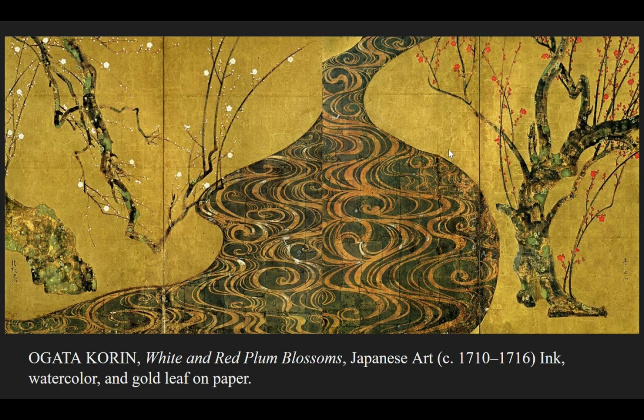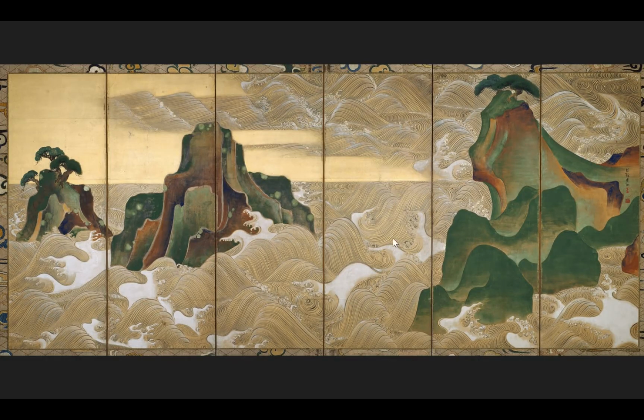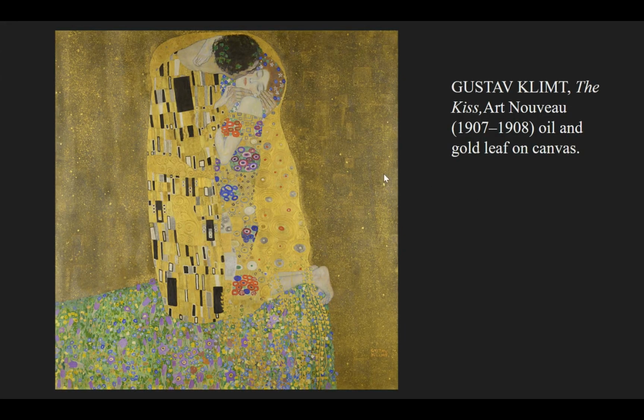So we can clearly see this Japanese influence with the gold background, the gold leaf, the mix of these abstract and geometric forms. And so here we have Gustav Klimt, who has clearly been influenced by Japanese art.